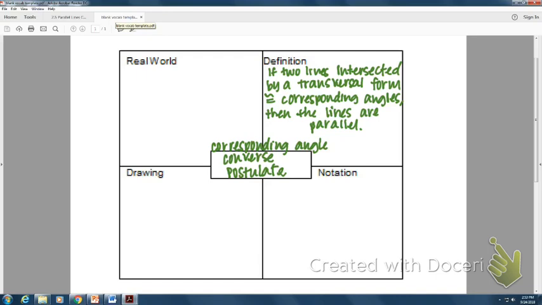So if we draw our picture, angle 1 and angle 2, and this is line M and line N. Okay, if you were to say that angle 1 is congruent to angle 2, then M and N have to be parallel.